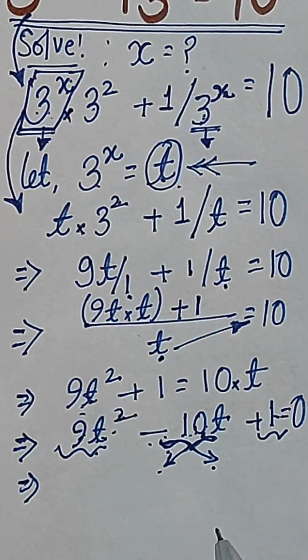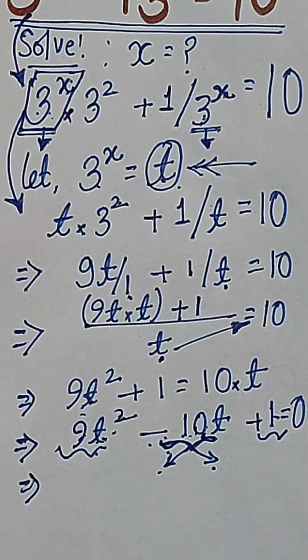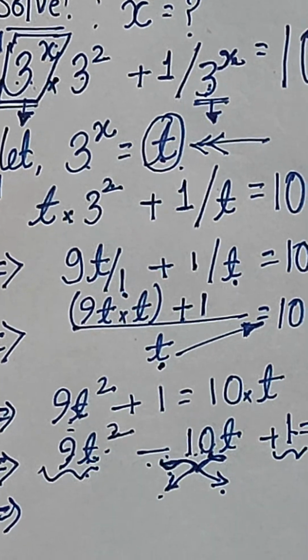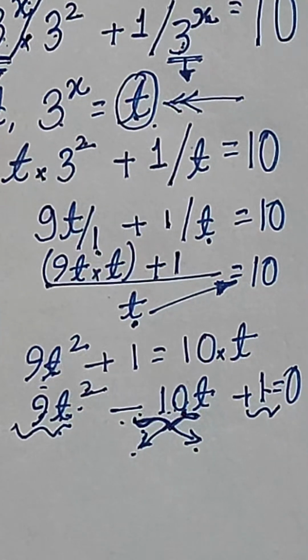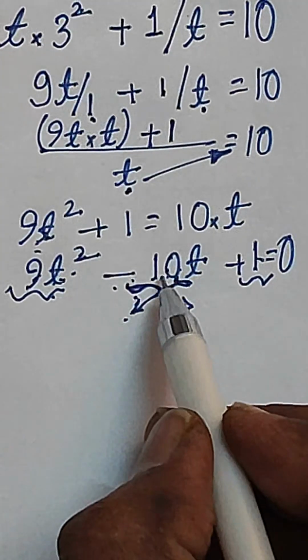So what we will do, let me zoom a little so that you can identify very easily. Here you can see 9t square minus 10t.